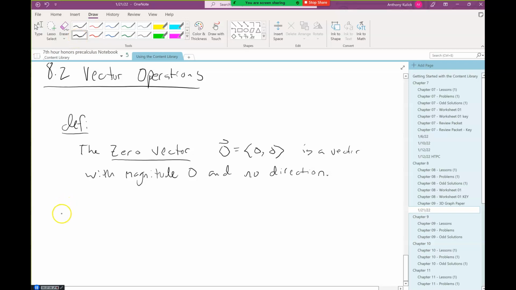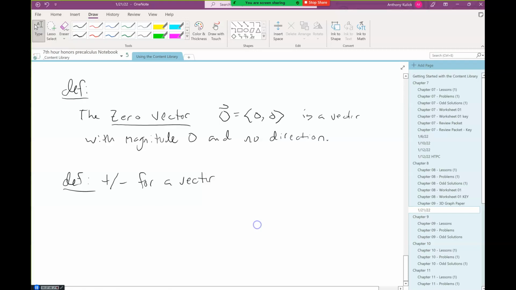So the first thing we're going to do is define addition and subtraction for vectors. So if I have 2 vectors, let's say I have my vector u, which is u1, u2, and my vector v, which is v1, v2.